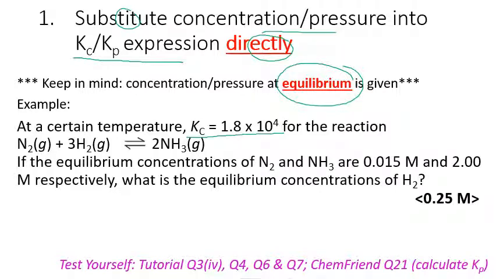Kc is given. At the same time, the concentrations of nitrogen and ammonia are also given. So we have to check, is the concentration given at equilibrium? Yes, it is. So that means you can directly use the Kc expression and then determine the concentration of hydrogen at equilibrium.